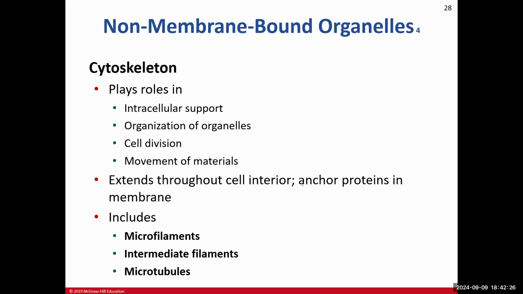We just talked about what happens with the centrioles there, or the centrosome, with the mitotic spindle. And then how we are going to place or organize the organelles inside of our bodies there. All right, but it still plays a role in which you would think a skeleton plays a role in. Helps with supporting. Right, our bones support our body. Right, the cytoskeleton supports the shape of the cell there. It plays a role in that too.